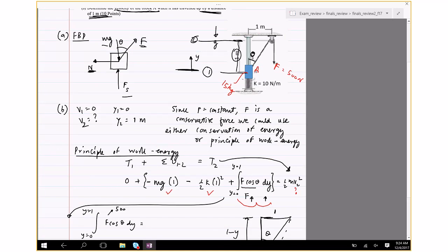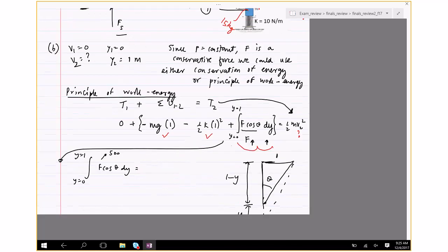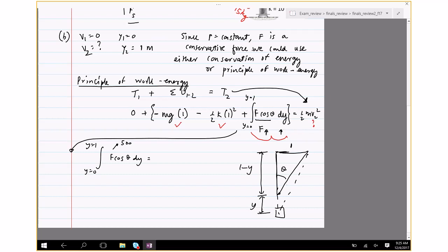But you have to draw the free-body diagram when it is at a generic angle theta. So if you look at this figure now, you can see that cosine theta is 1 minus y divided by the square root of (1 minus y) squared plus 1 squared, right? This is the hypotenuse.